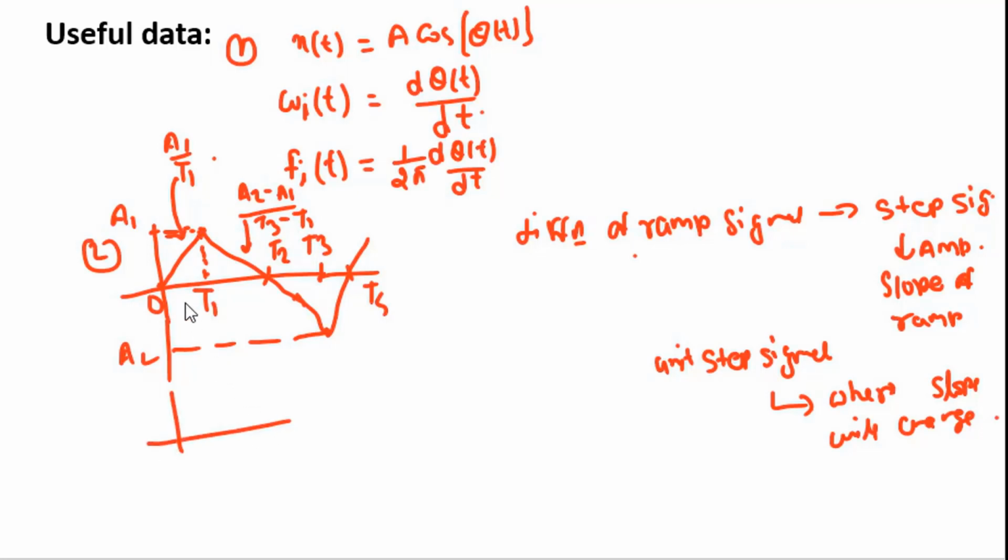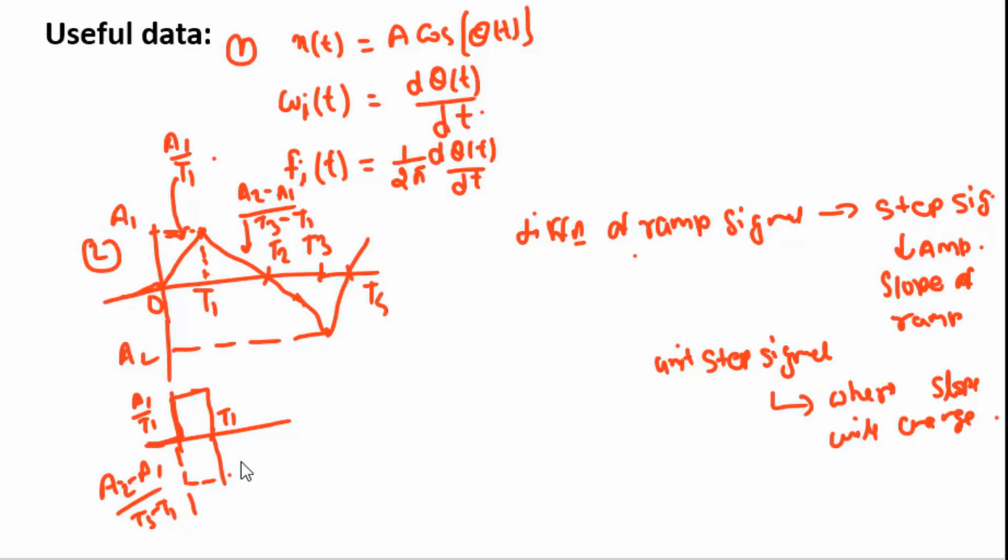If you differentiate this ramp, the slope first changes at 0, because here the slope is 0, and the amplitude is A1 by T1. Then the slope will change at T1 and the amplitude will be A2 minus A1 divided by T3 minus T1.